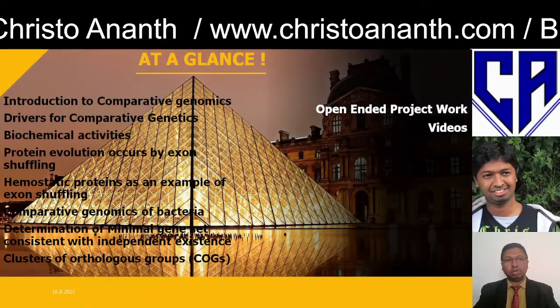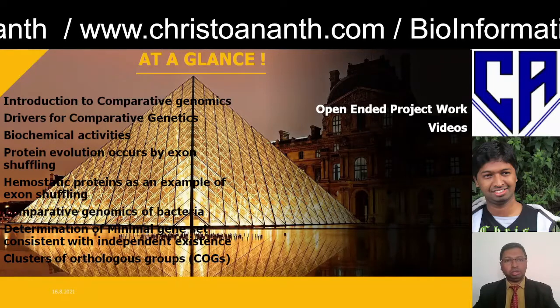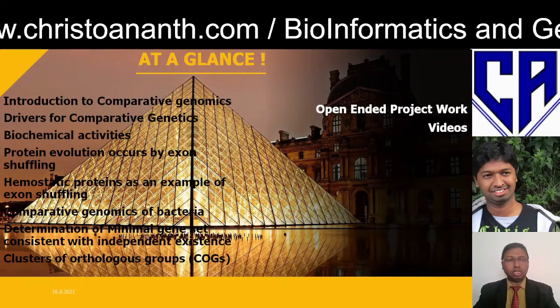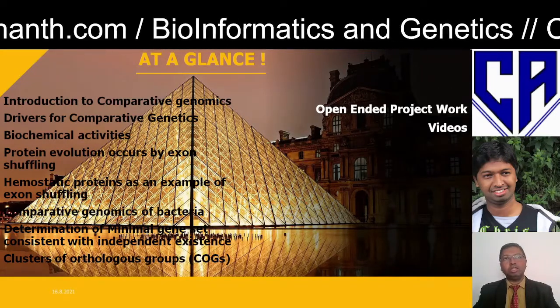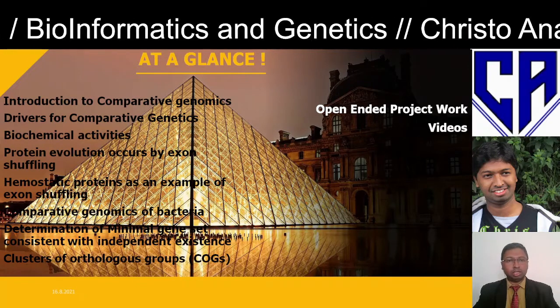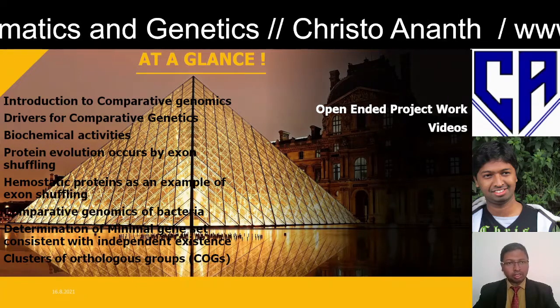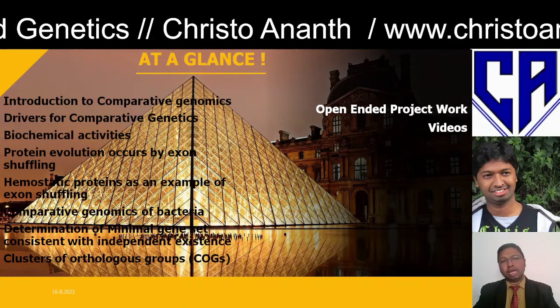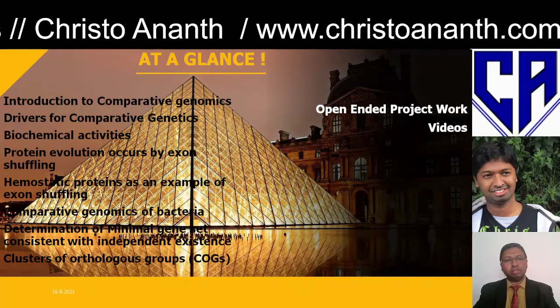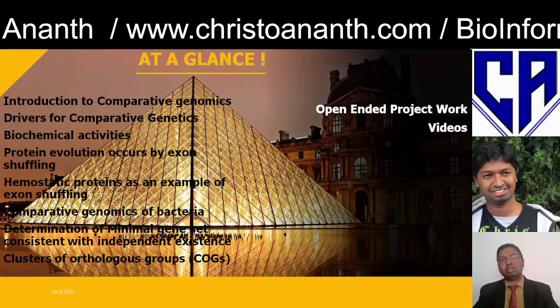In today's session, we'll have a short introduction to comparative genomics. Then we understand the driving forces for comparative genomics, and we discuss biochemical activities, the protein evolution which occurs by exon shuffling.